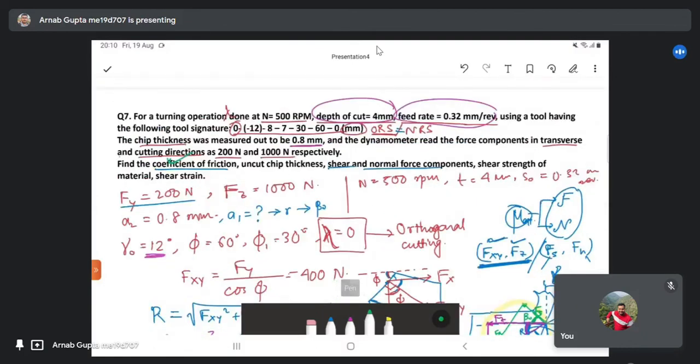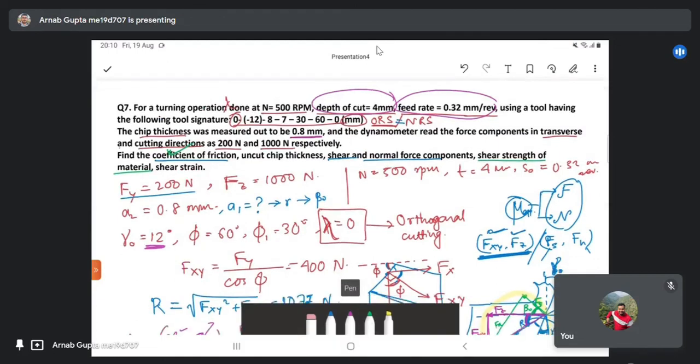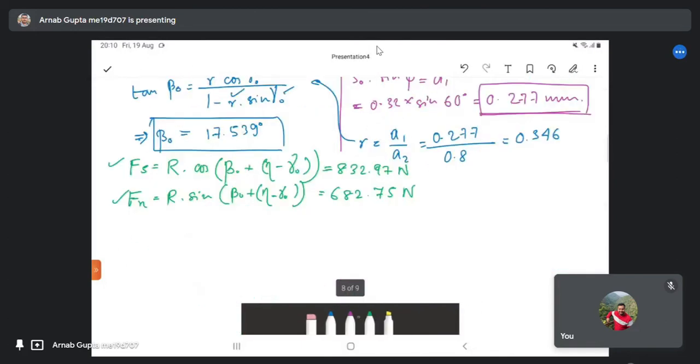So we have got these two forces that we were asked for, the normal and shear components of force. Now we are asked about the shear strength of the material. That's also easy. You have the shear force. All you need to do is find the shear area, Fs by As. As we already know, it is S naught into T divided by sine beta naught, where beta naught is the shear plane angle.